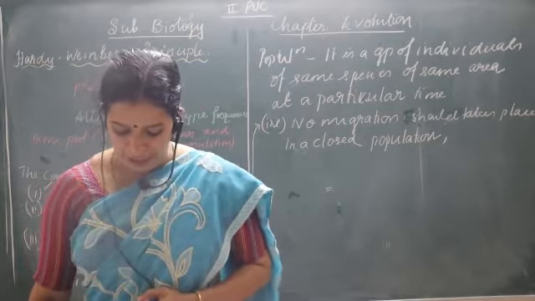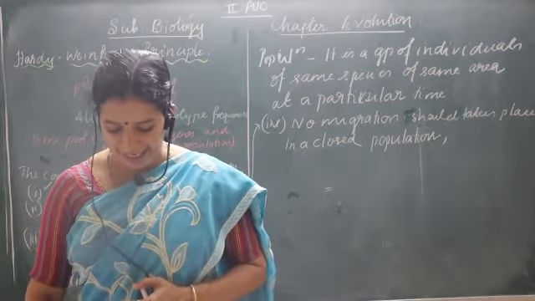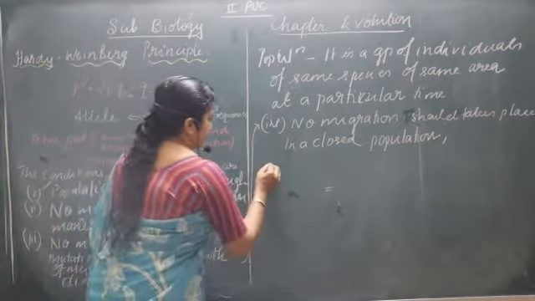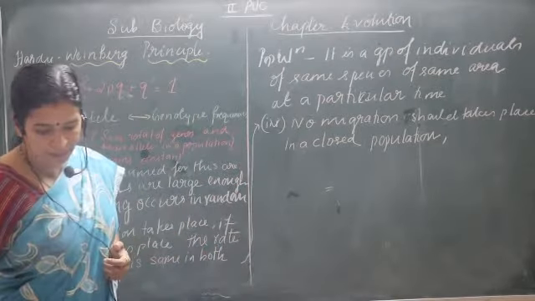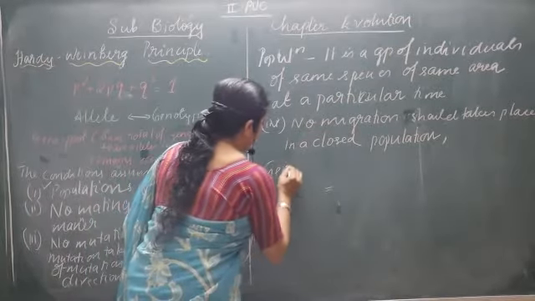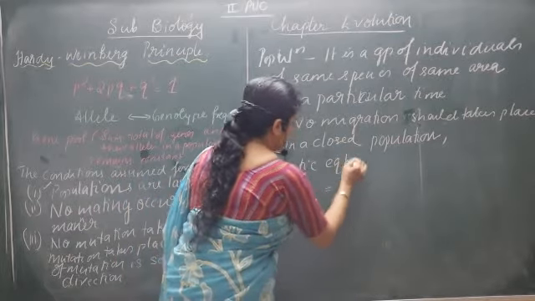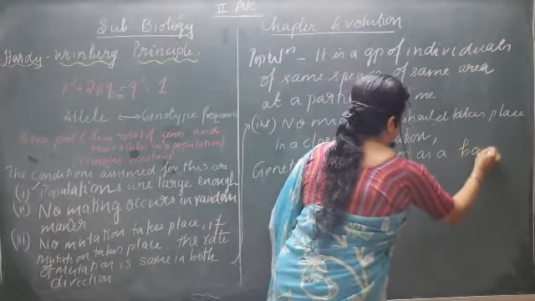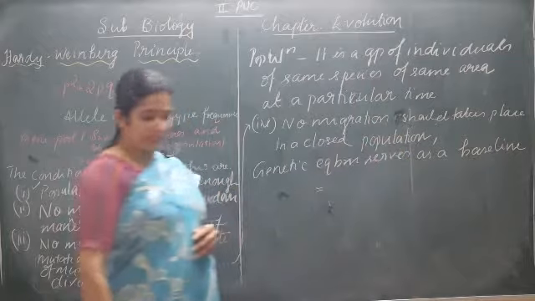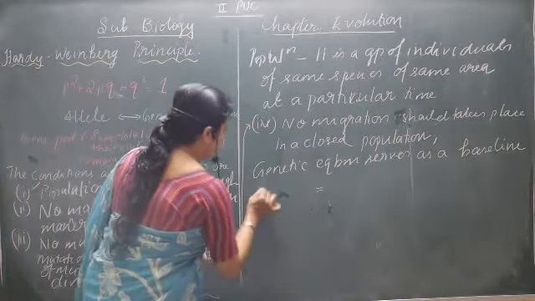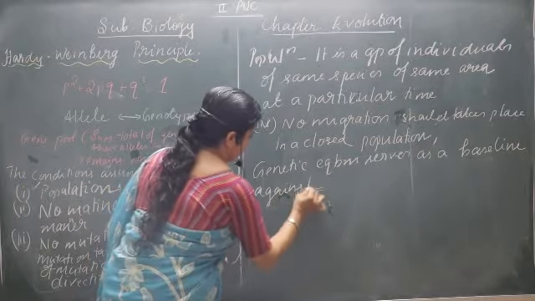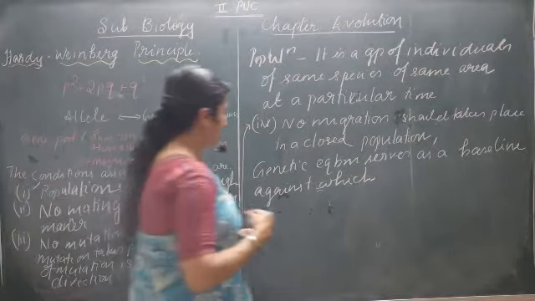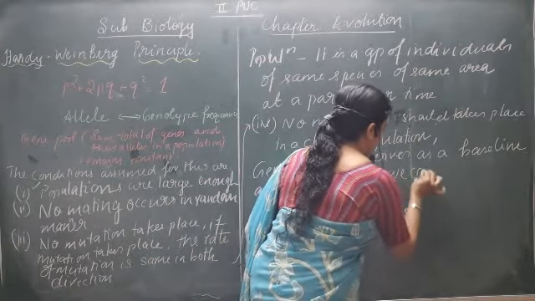Then genetic equilibrium serves as a baseline against which we can measure the genetic change. So overall, we can say that the Hardy-Weinberg principle, otherwise a genetic equilibrium, serves as a baseline against which we can measure the genetic change.